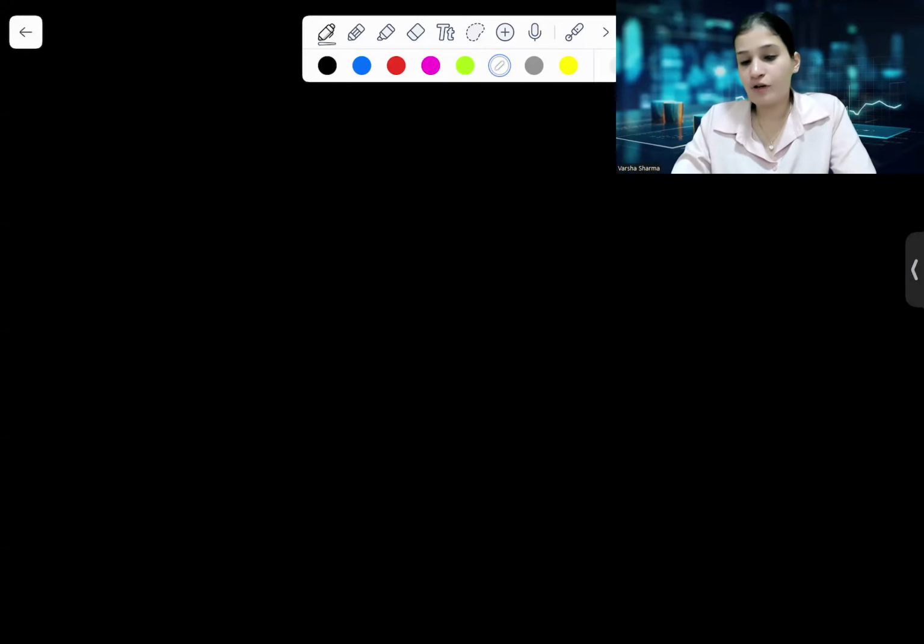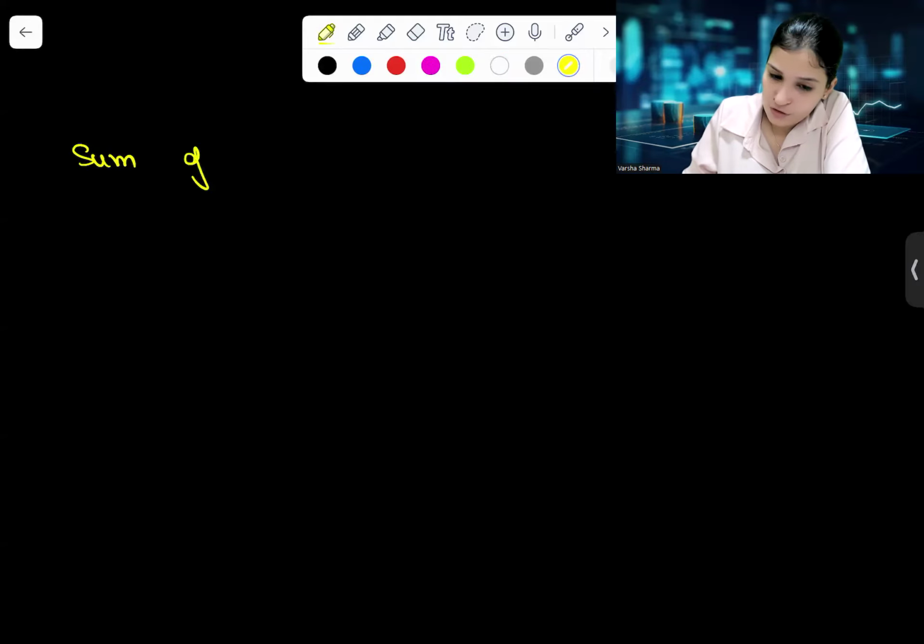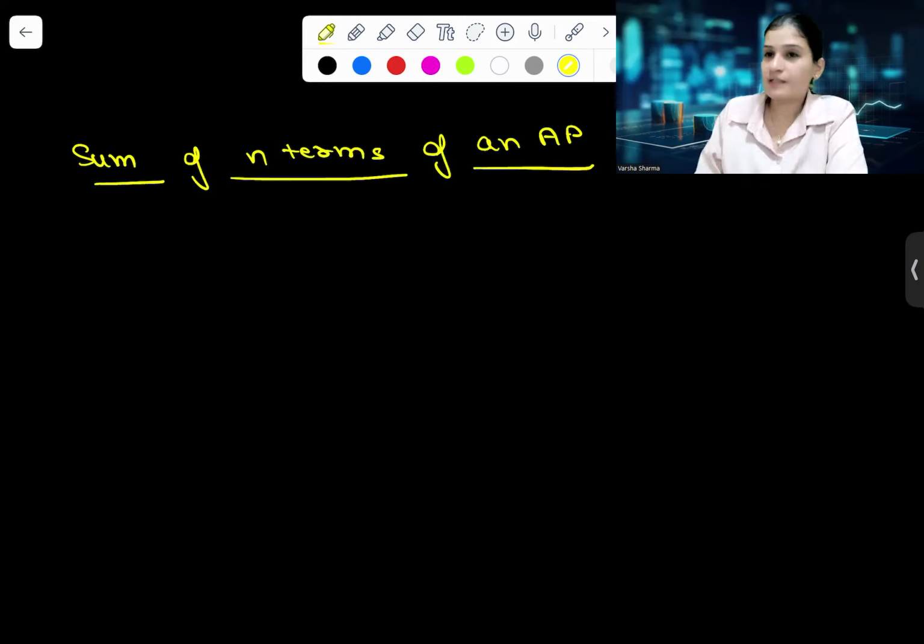Now let us first talk about the formula for Sn, the sum of n terms of an AP. Please note down. Again, A is the first term, D is the common difference.